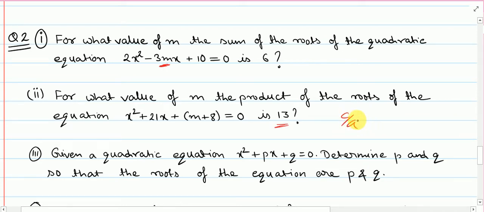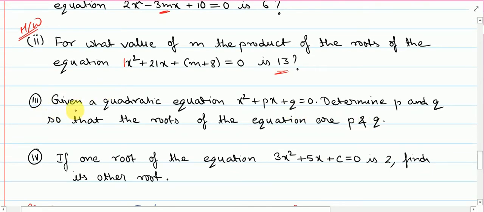This product of the roots should come to 13. C, you can see it's m plus 8, you can put over here. A, you know it's 1 over here, you put, simplify and you will get your answer for m. Clear? I leave this as your homework.